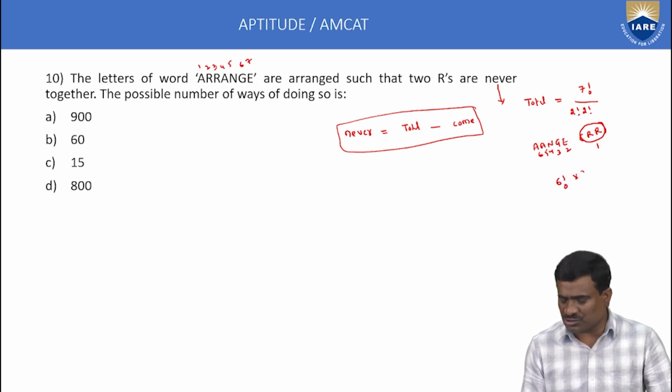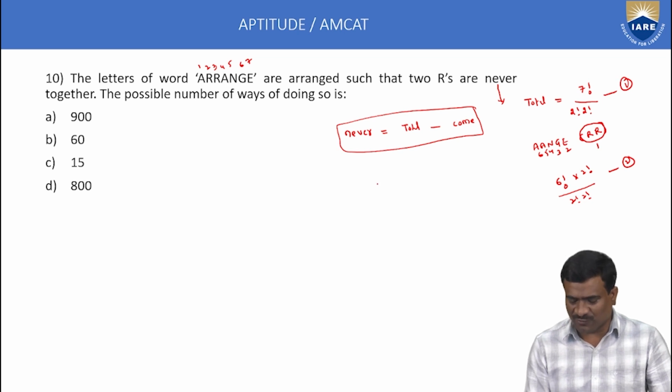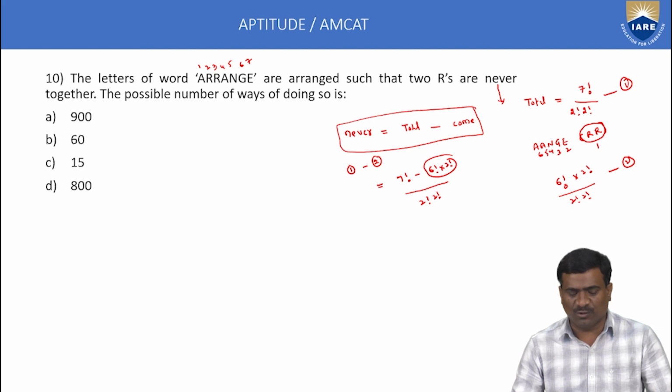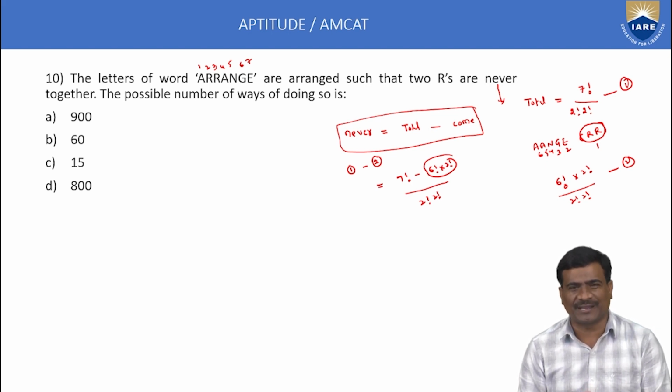The 2 R's arrange in 2 factorial, divided by 2 factorial into 2 factorial. This is equation number 2. Therefore, never together is equal to equation 1 minus 2: 7 factorial minus 6 factorial into 2 factorial, divided by 2 factorial into 2 factorial. This is the 10th example method.